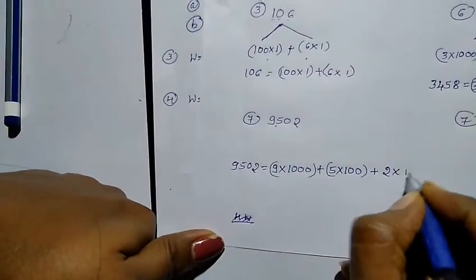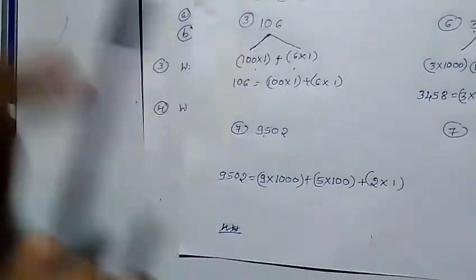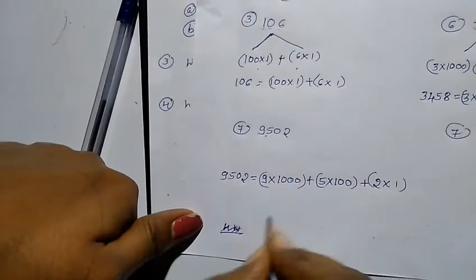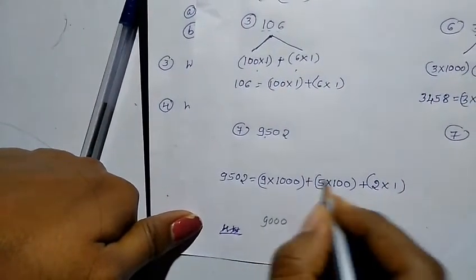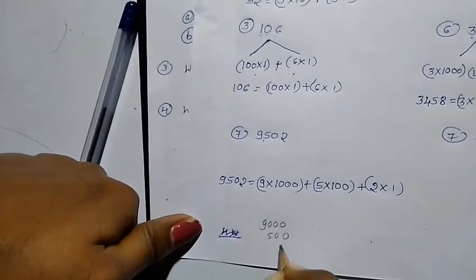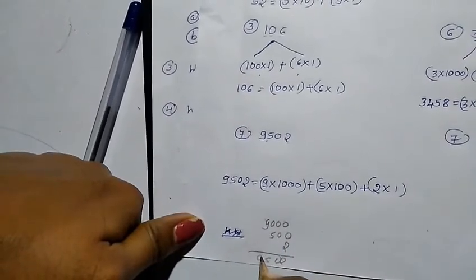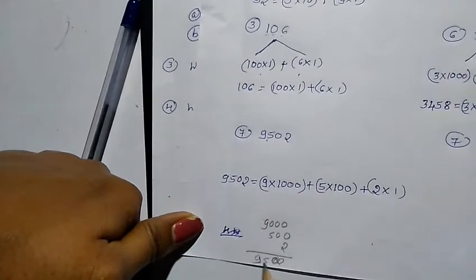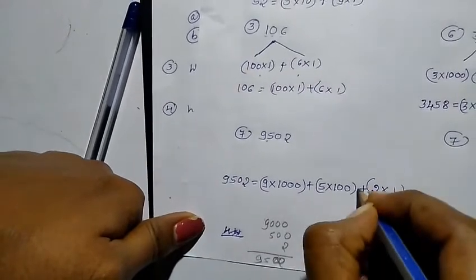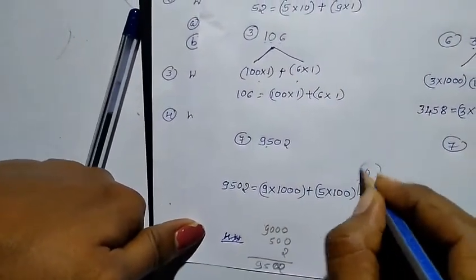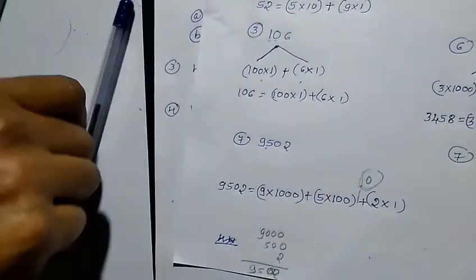Then 2 into 1. So now check here, if you get confused: 9 into 1000 is 9000, 5 into 100 is 500, 2 into 1 is 2. That is 9502. If you have not mentioned 0 here, it is okay. If you mention it also, it's fine.